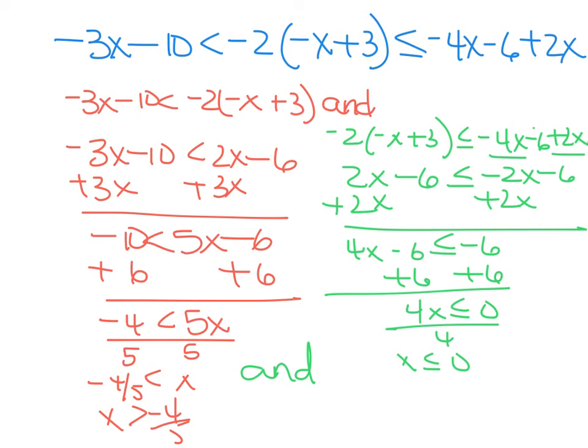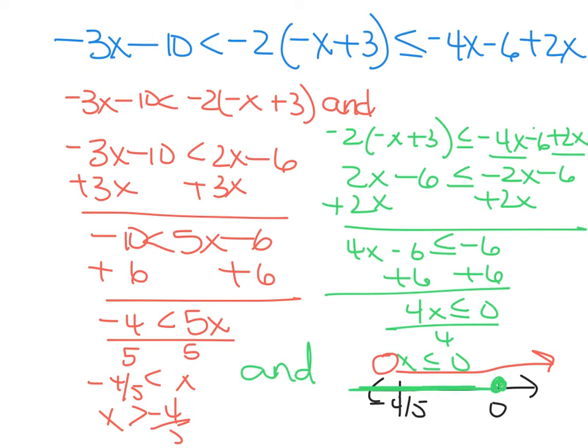So, of course, I'm ready to graph. So I have negative 4/5, and by the way, when you're making graphs with fractions, you don't have to tell me what whole numbers they fall in between anymore because it gets too crowded on the graph. So in red, I'm going to do greater than negative 4/5. Sorry, it's running into the work. And then in green, it's going to be less than or equal to 0.